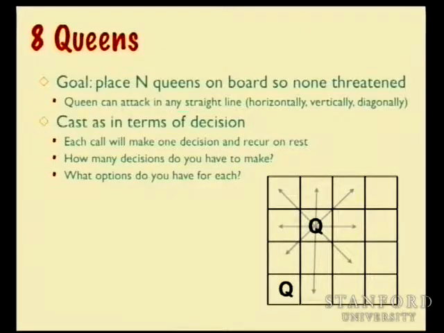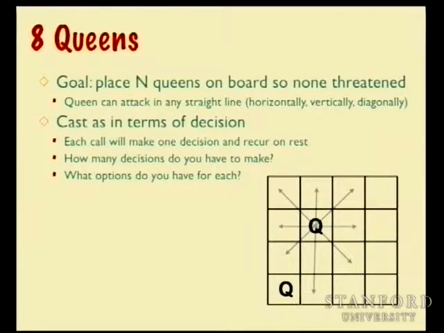If we think of this as a decision problem, each call is going to make one decision and recur on the rest. We need to place 8 queens, if the board is an 8x8 board. So at each call, we could place 1 queen, leaving us with n-1 to go. One way to manage the logistics of the problem is to say, well, we know that there's going to be a queen in each column.